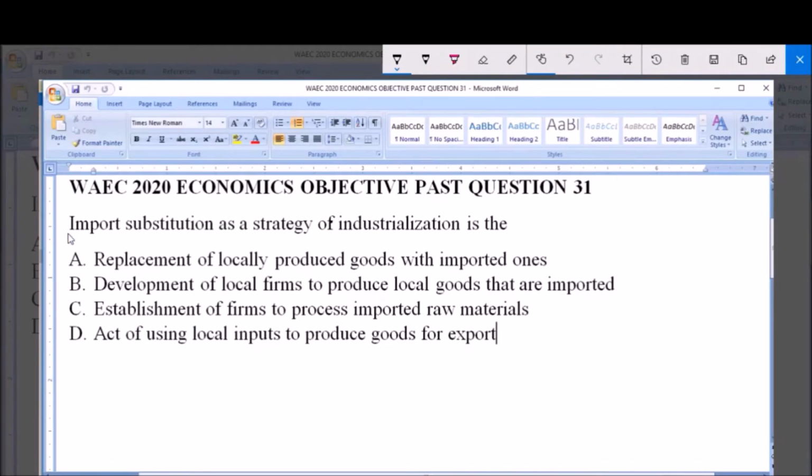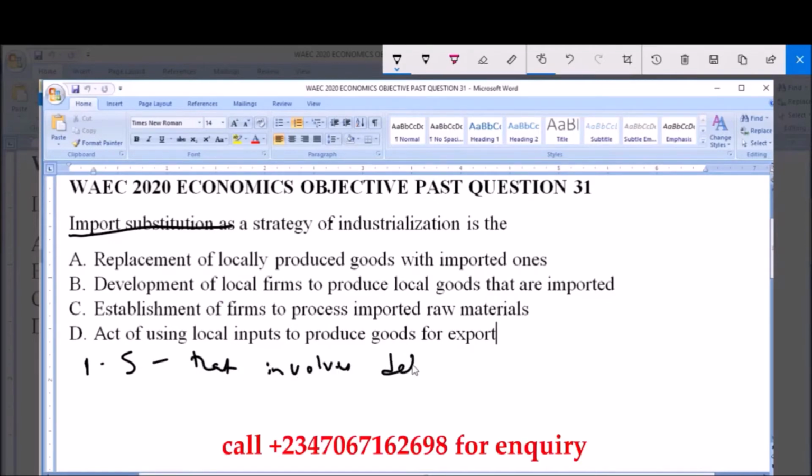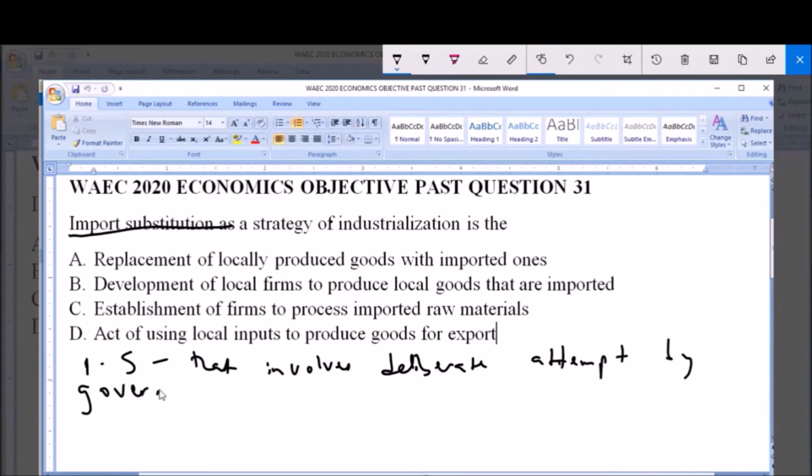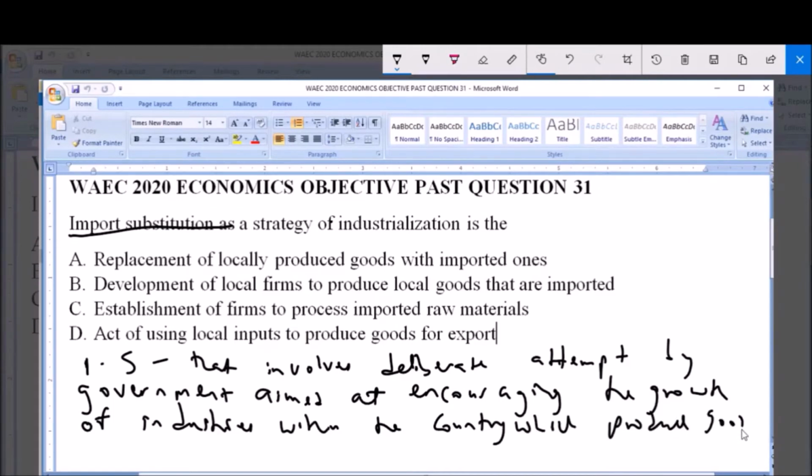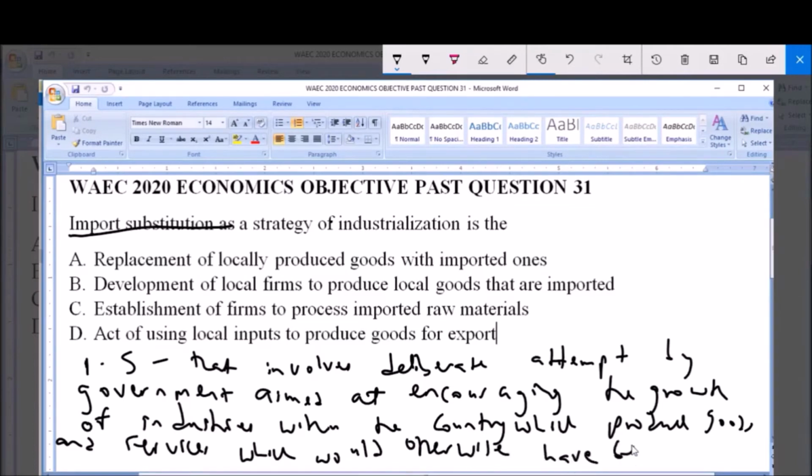Now, import substitution is a strategy that involves deliberate attempts by the government aimed at encouraging the growth of industries within the country which produce goods and services which would otherwise have been imported.